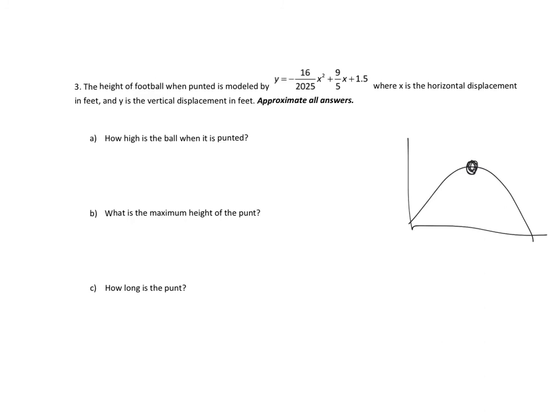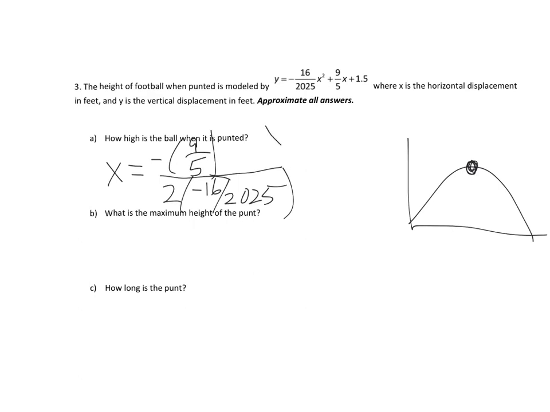So since we're in standard form, we can use that formula negative b over 2a. And b would be 9 over 5, over 2 times a, which is negative 16 over 2025. Just make sure you plug into your calculator correctly. And I think I did the calculations correctly. That gave me an x displacement of approximately 113.9 feet.